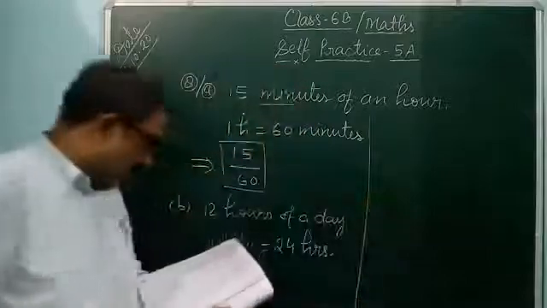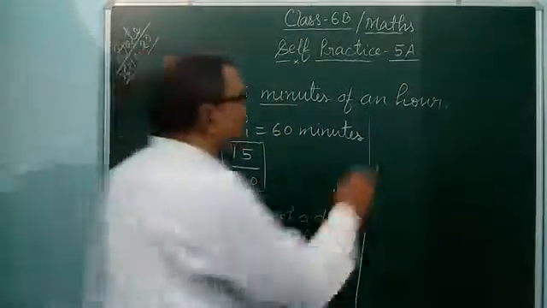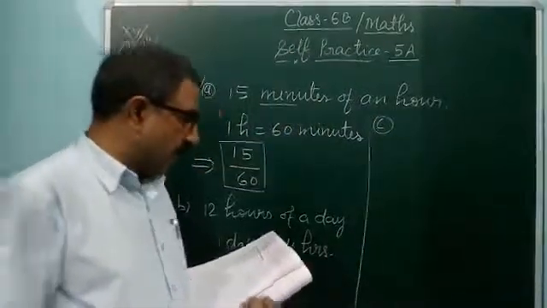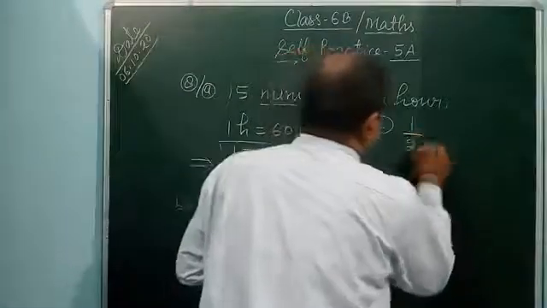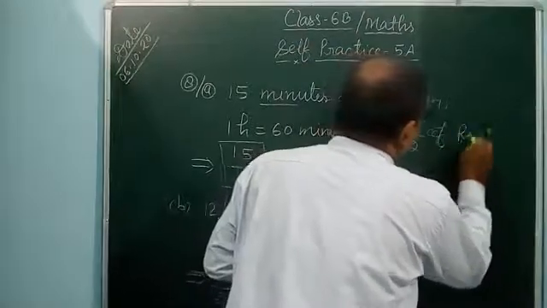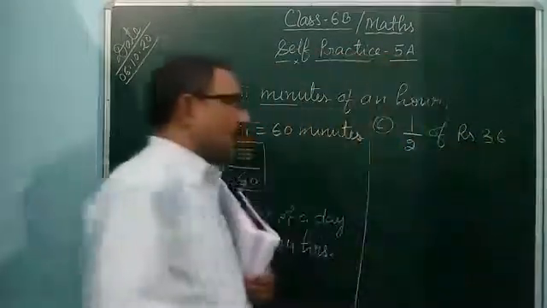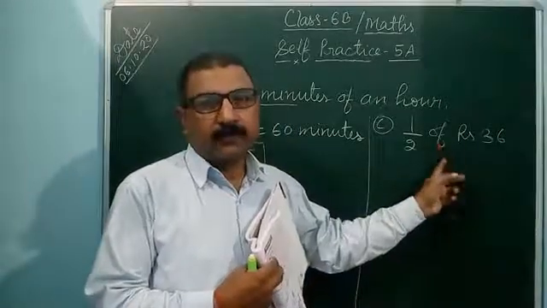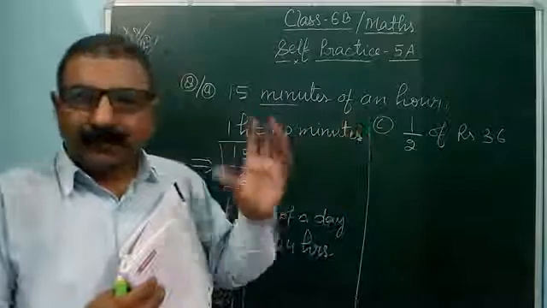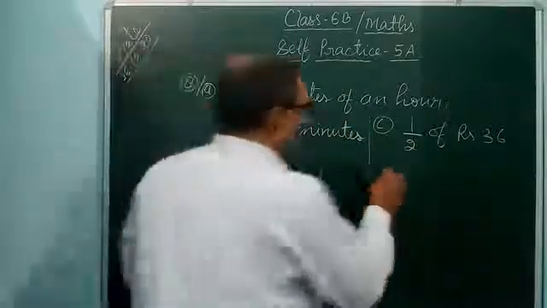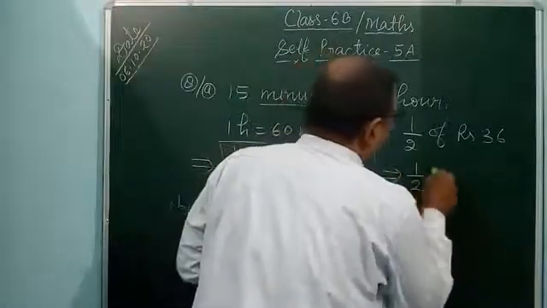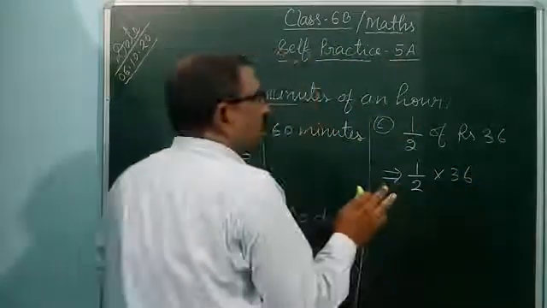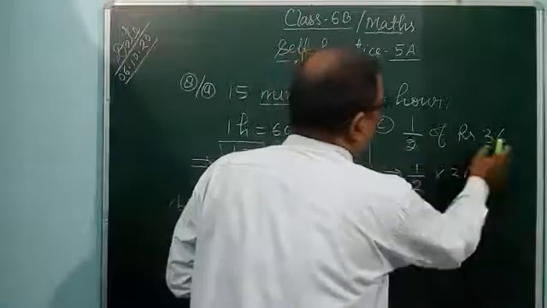Next, question number C. 8C. 1 by 2 of rupees 36. You can represent it in multiplication, because 1 by 2 of 36 rupees means 1 by 2 out of 36.